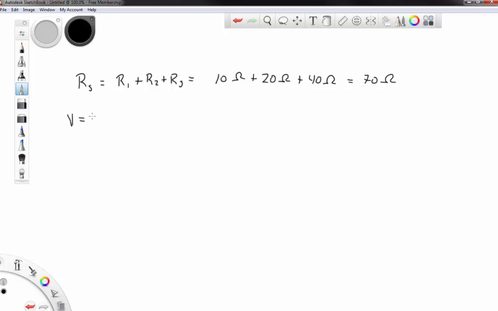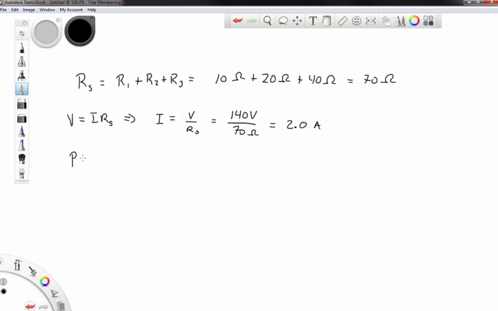Now you can use Ohm's law, V equals IR, and in this case the R is R series. That means that I is going to be equal to V over R series. So that is 140 volts, which was given, divided by that 70 ohms that we just found, and that gives you 2.0 amps.